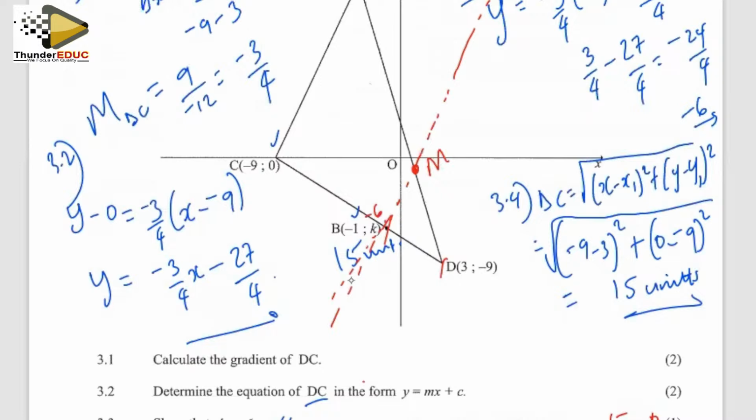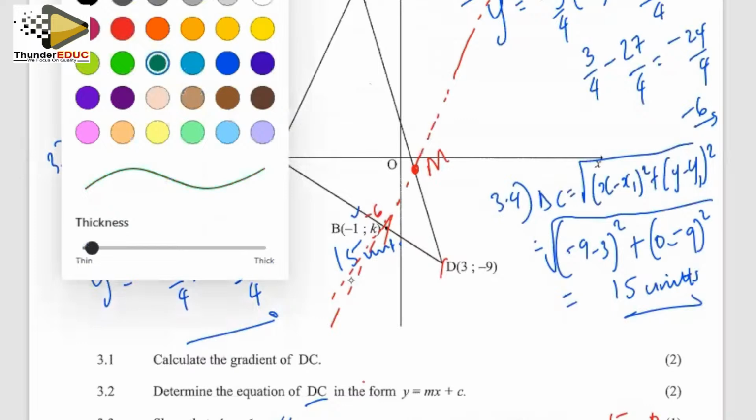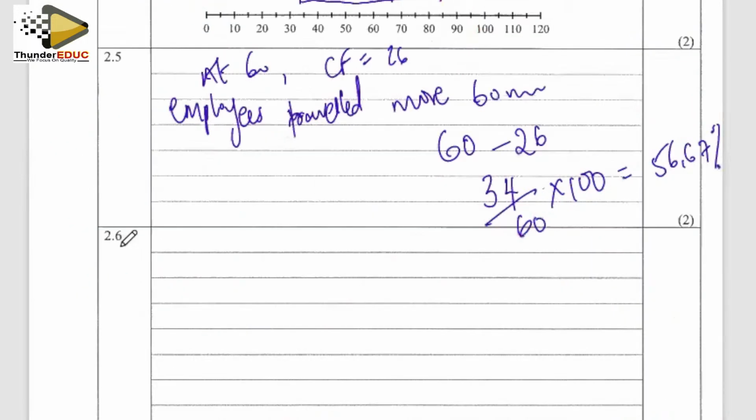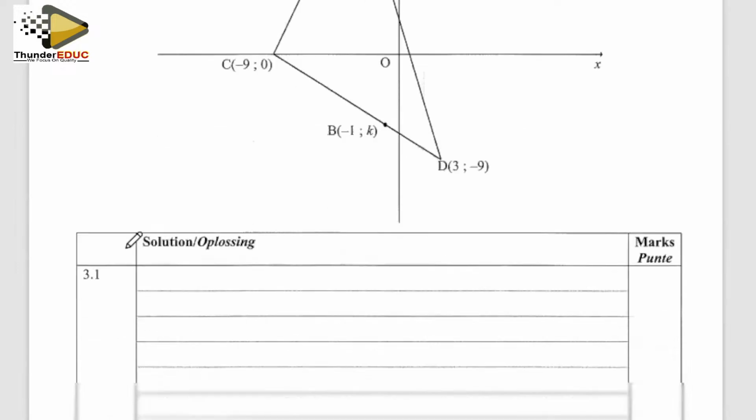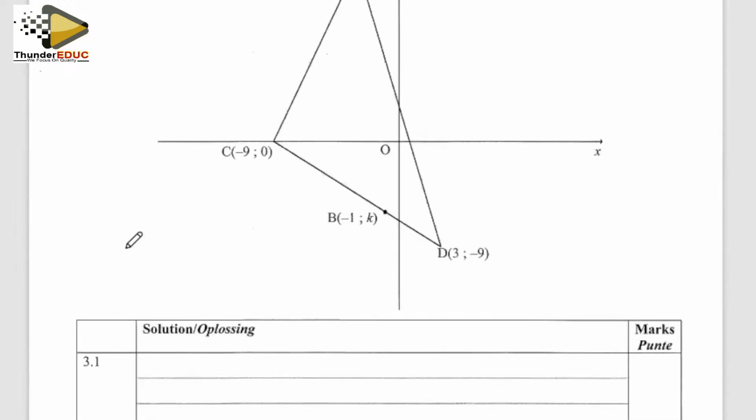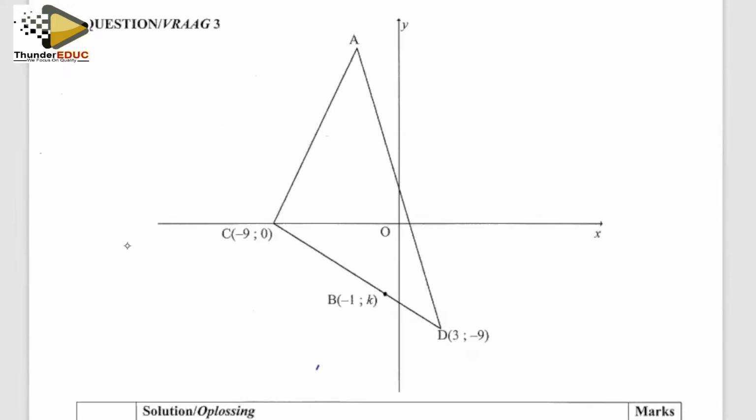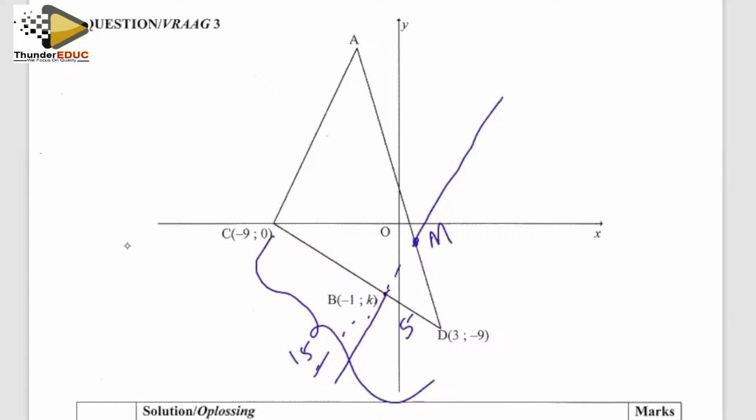So for us to get the area, okay, let me just put it this side. Okay, so he's saying this is our line. We say this is a 5. All of that is 15. This is a point M, so that these lines are parallel.